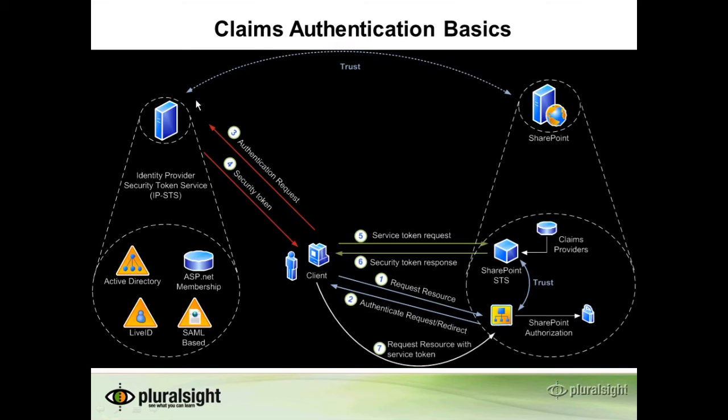You present your credentials to the trusted identity provider, which returns you a security token. Then with that security token, you make a service token request to the SharePoint STS. SharePoint itself has an STS built in, which is implemented as a web service. And over here, the various claims are filled in for you.